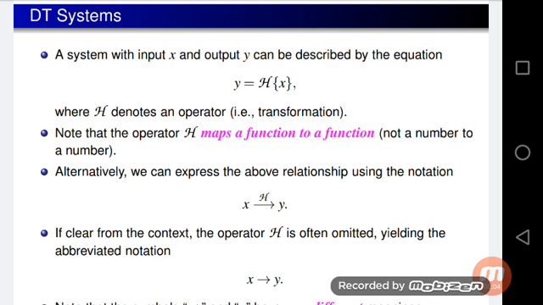A system with input x and output y can be described by the following equation. y equal to h of x, where h denotes an operator or transformation. Note that operator h maps a function.